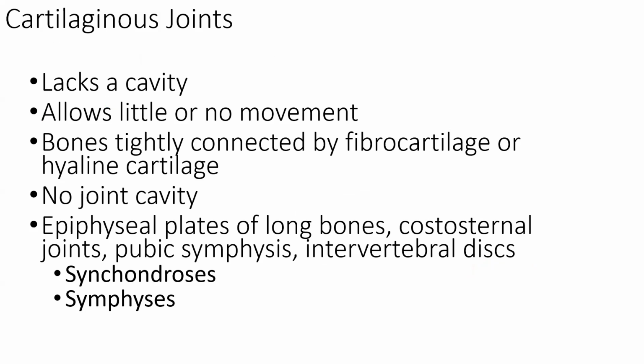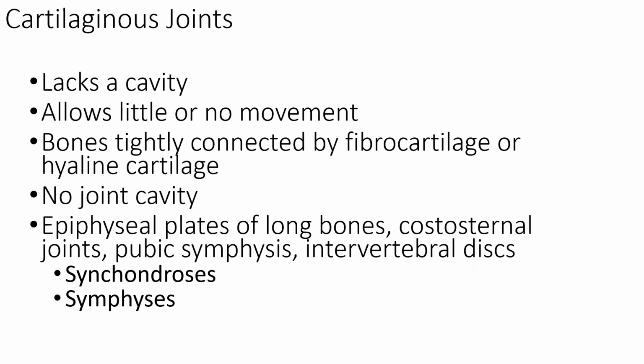A cartilaginous joint involves cartilage, not collagen fibers. We've seen that the slightly movable or the immovable joints are held together with some collagen, or with a lot of collagen.